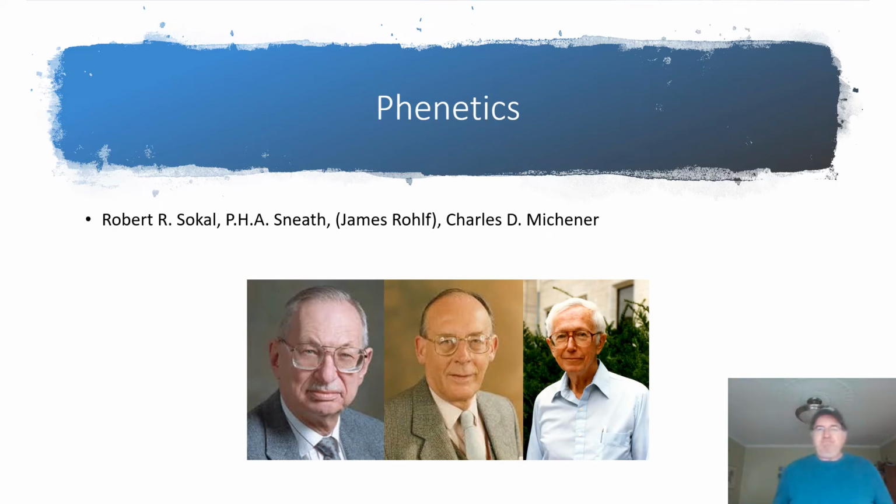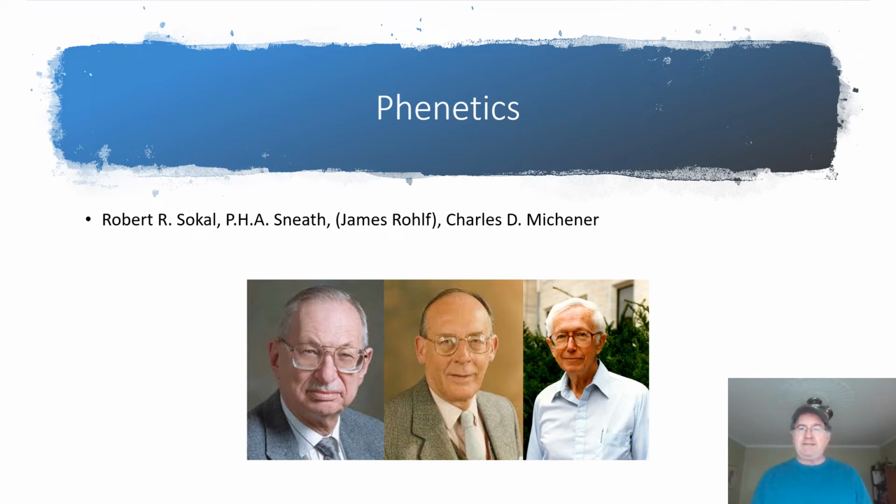Which leads us to the 1950s and to the advent of probably the first, at least in the Western scientific world, severe criticism of the traditional methods of classification. And that is the field of systematics that we call phenetics.